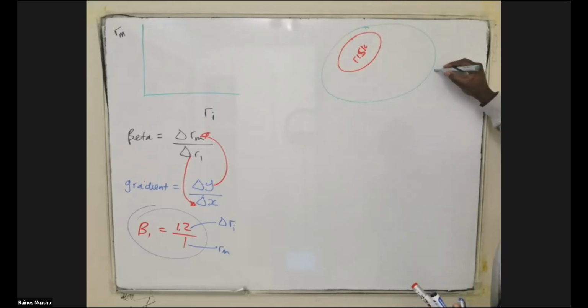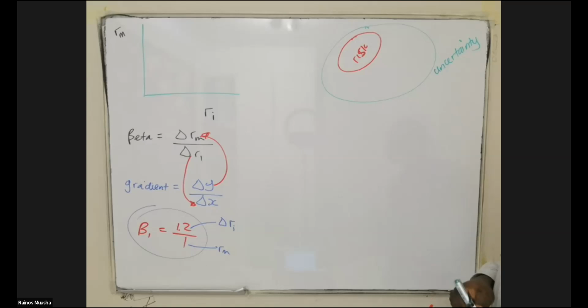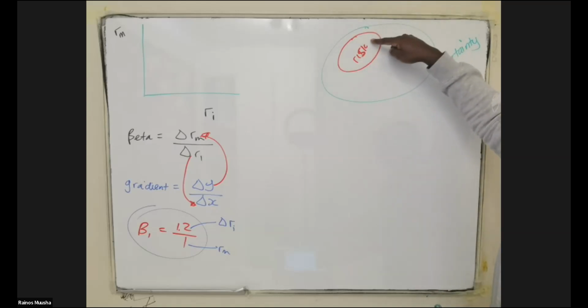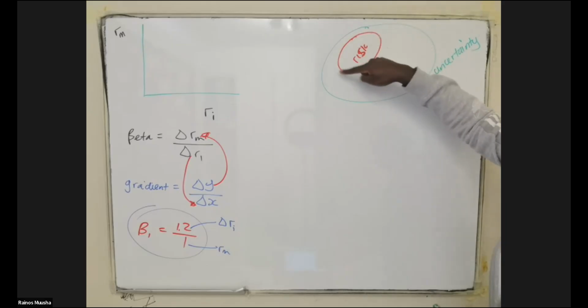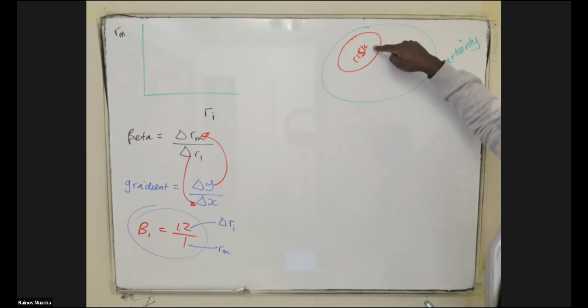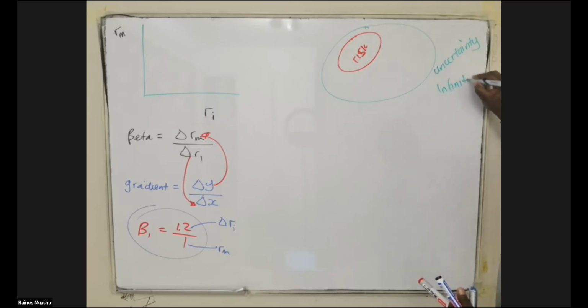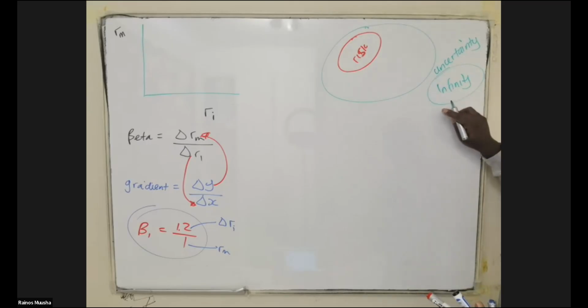So uncertainty is this infinite world of possible things that can happen. Risk is now those possible things that can happen that are what? Relevant to you. Because there are infinite factors that can affect your investment, you cannot allocate probabilities to uncertainty.